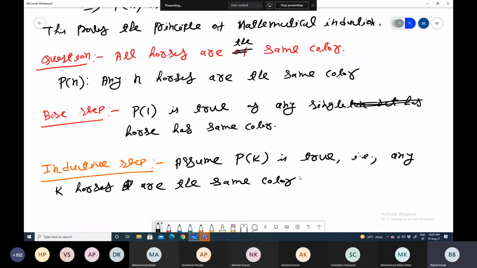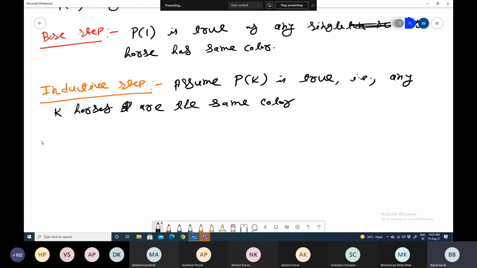Now we need to prove that any k plus 1 horses are the same color. Now take k plus 1 horses, say h1, h2 up to hk plus 1. Okay.